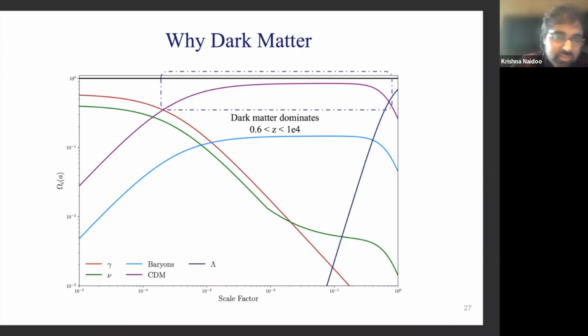Of course, that comes with the other effect that, because it dominates and it's so important to our picture of cosmology, it can't be a really significant change to lambda CDM, otherwise it'll really ruin things. And this is in contrast to lambda, which only starts to dominate relatively recently, so its influence in this context has to be very abrupt and quick.